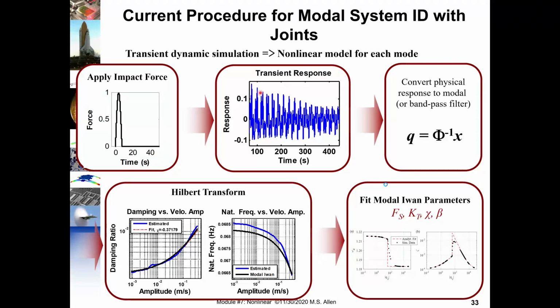And then if we were to look at the signal from each mode and use log decrement to figure out the damping ratio as a function of amplitude, and say the period change to get the frequency versus amplitude, we could characterize each mode in terms of its natural frequency and damping and how those depend on the vibration amplitude. And we could even fit a model to each mode that might replicate that behavior.